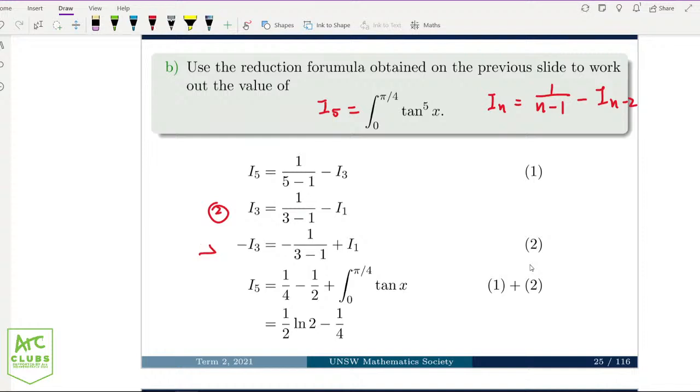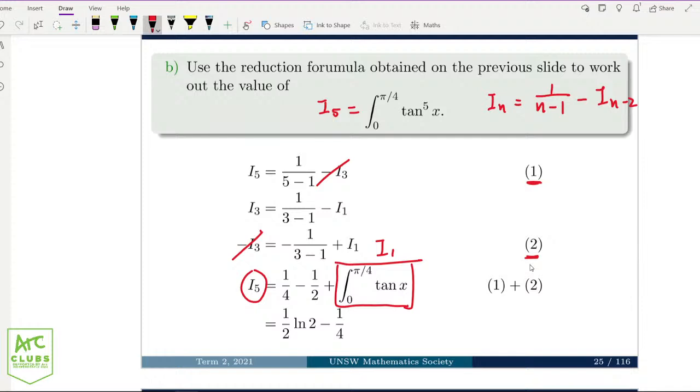What you're going to notice is that if you add this equation with this equation, the negative I3 on both sides will cancel out. So what you're left with is an expression of I5 in terms of I1 alone. You only have to evaluate I1 to get I5, so that saves you the time of evaluating I3.